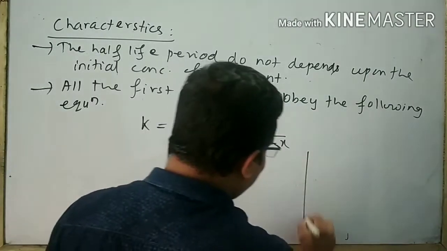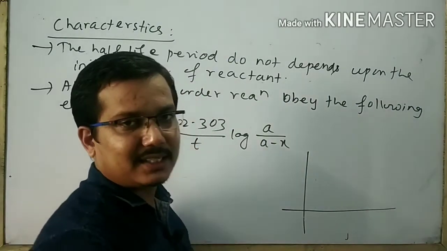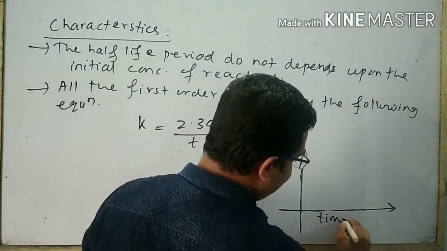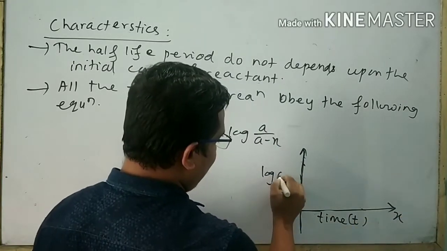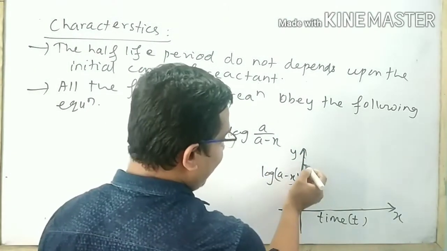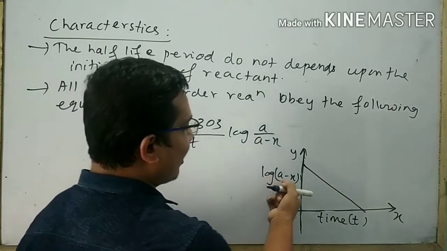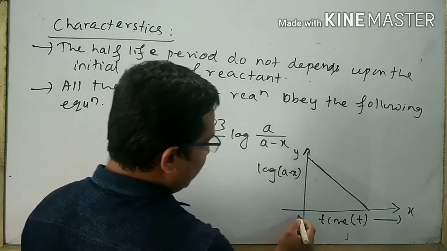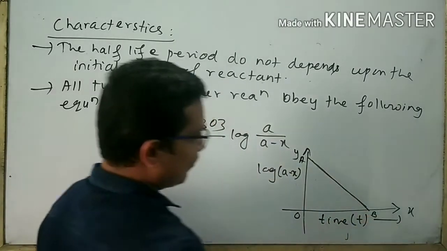Suppose I plot a graph between log A minus x and t. Time t is taken on the x-axis, log A minus x on the y-axis, then a straight line is obtained which is inclined to the log A minus x axis. Suppose this is your O, this is your A and this is your B.